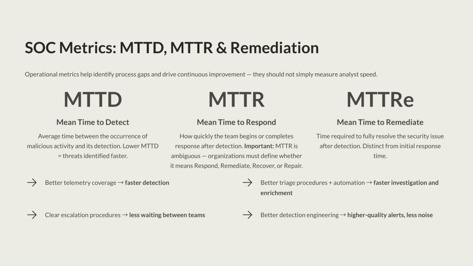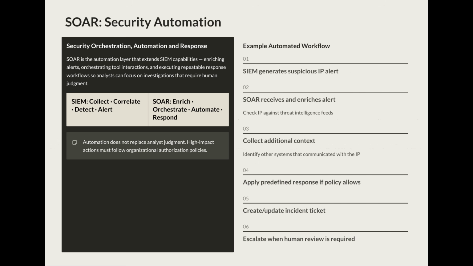It could check reputation sources, identify other systems that communicated with that IP, collect additional context, create or update an incident ticket, and escalate the case when human review is required. Depending on organizational policy, it might even perform predefined response actions.